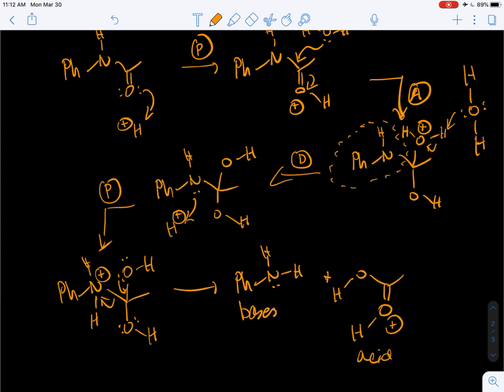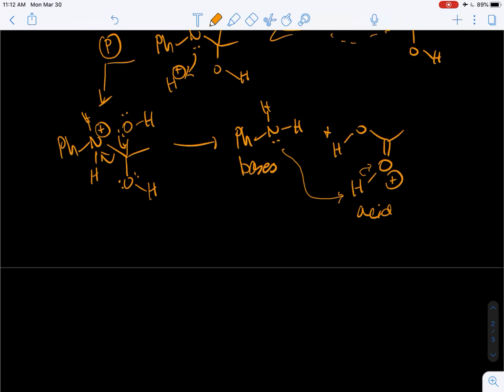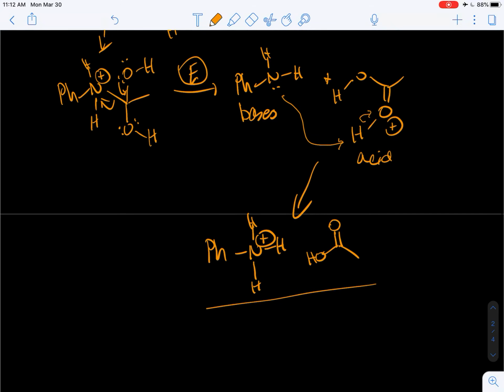So under the acidic conditions, the aniline product that you first form is more than likely in the protonated form. Okay, so because we have lots of acid and water and heat as the reaction conditions, we probably will get acetic acid and aniline as the reaction products.